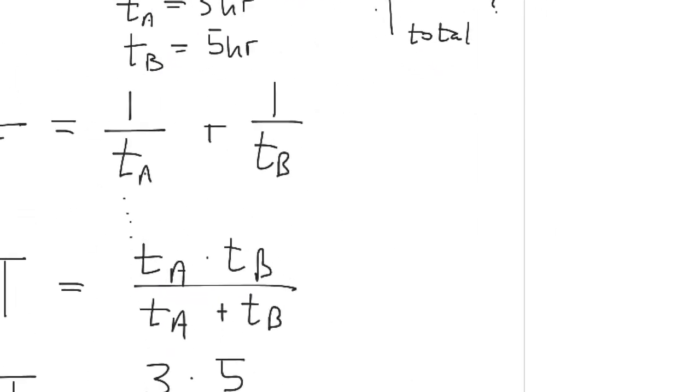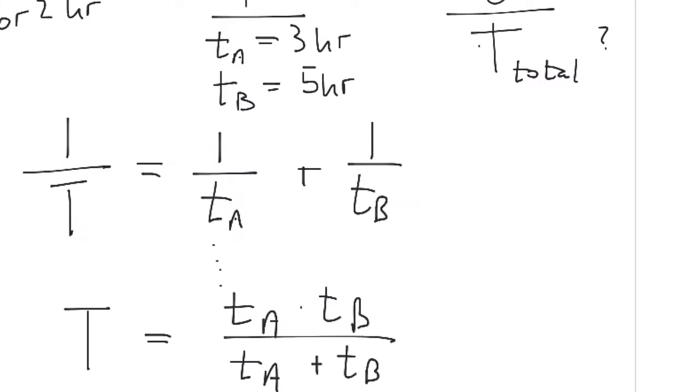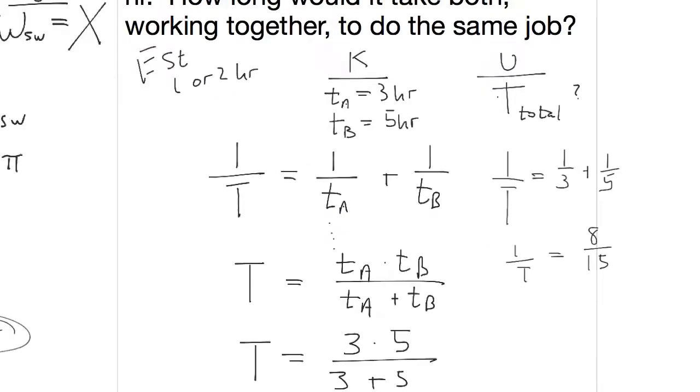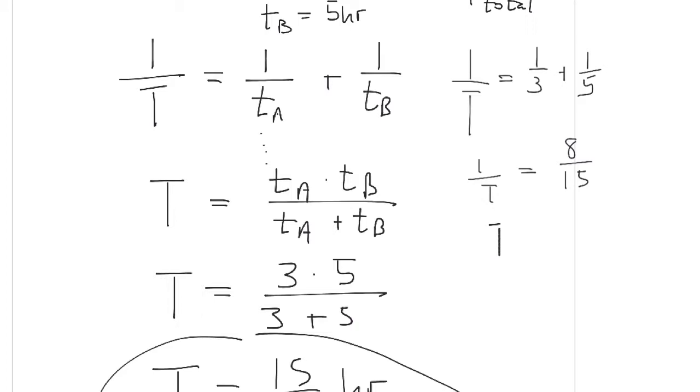Now, if you wanted to, you could plug in the numbers directly at the very beginning. You could say 1 over the total time is going to equal 1/3 plus 1/5, and you would get 1 over t is equal to 8/15, and so therefore the time is going to equal 15 over 8 hours, which is the same thing we get here.